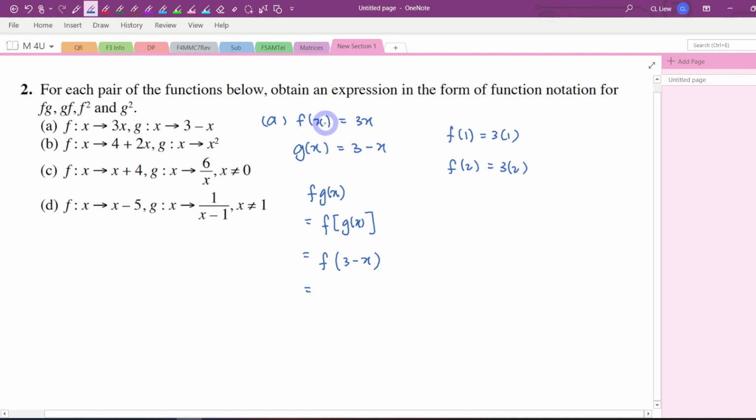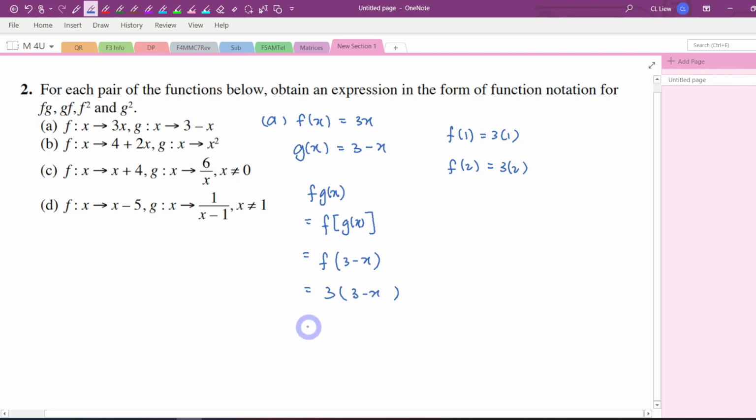Now, f of x is equal to 3x, so I write the 3 and replace the x by a parenthesis. What I write inside the parenthesis depends on what I see inside the parenthesis here. Here I see 3 minus x, therefore I need to write 3 minus x inside the parenthesis.